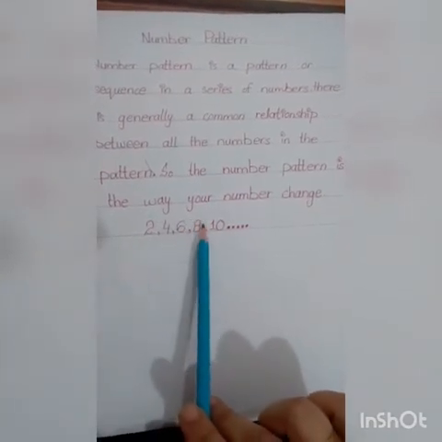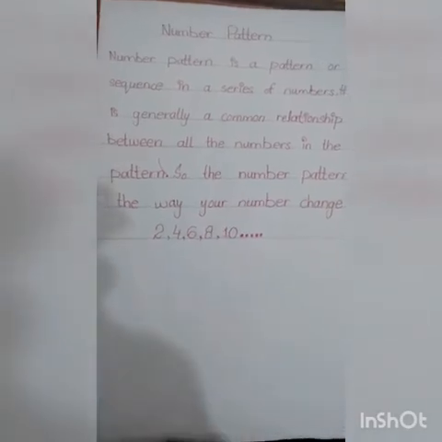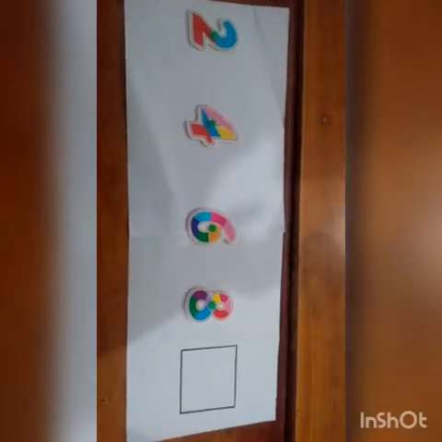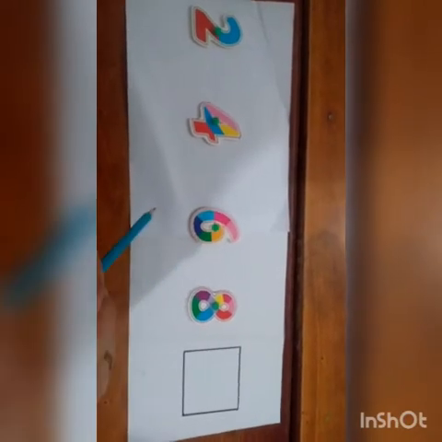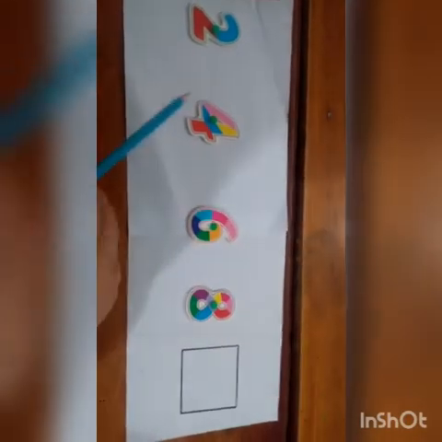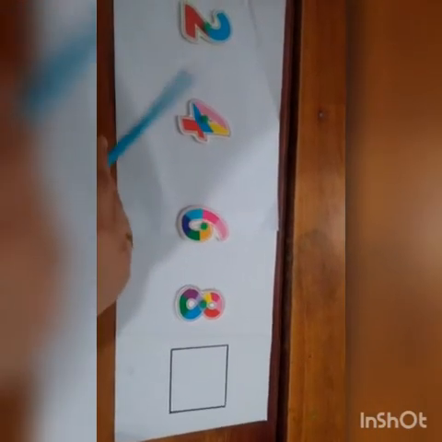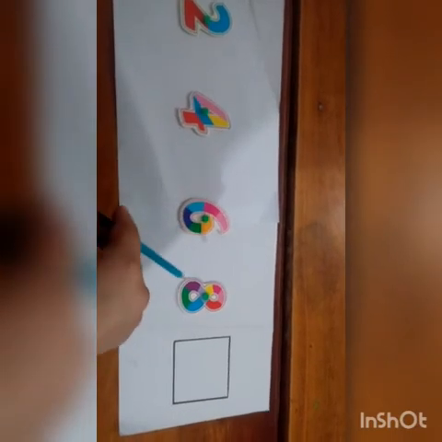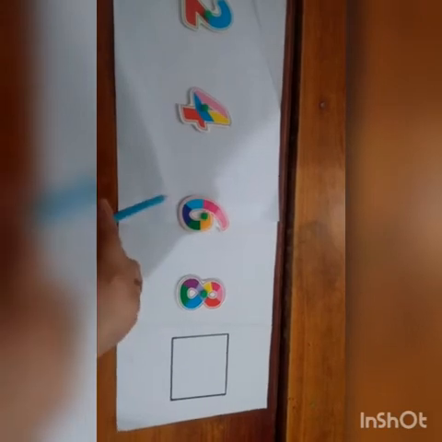2, 4, 6, 8, 10 is an example of a number pattern. And now students, we have to guess the pattern. Now observe the values: 2, 4, 6, 8. Students, here is a missing number in this pattern.